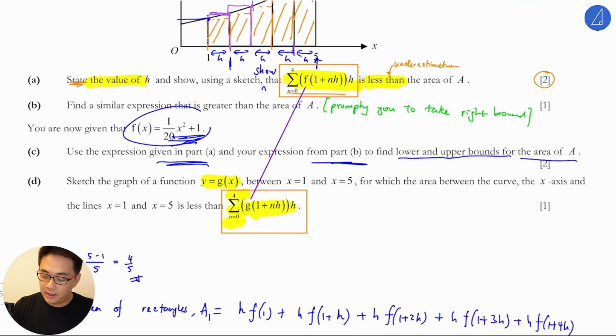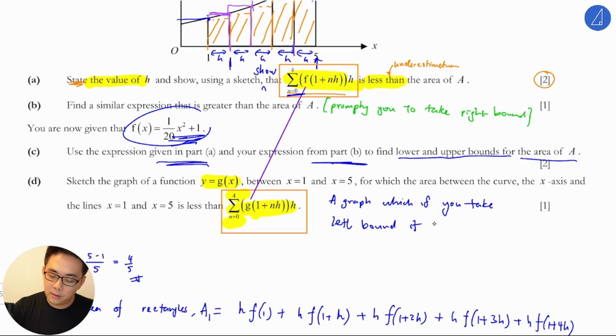Sketch a graph, right? Give me a graph which, if you take the left bound, gives you an overestimation.